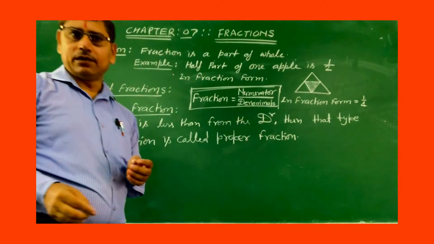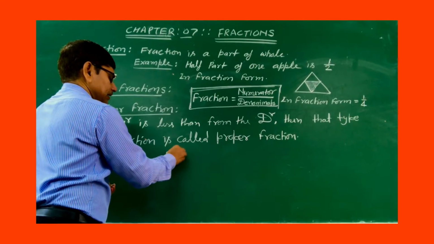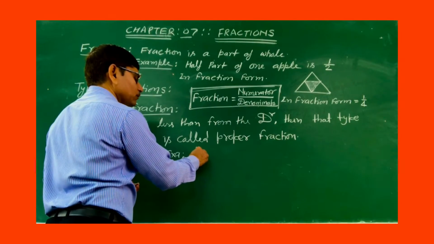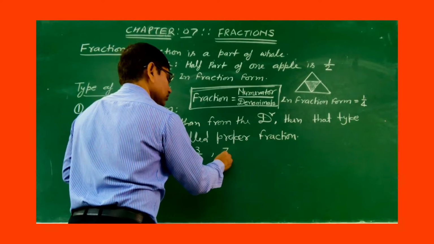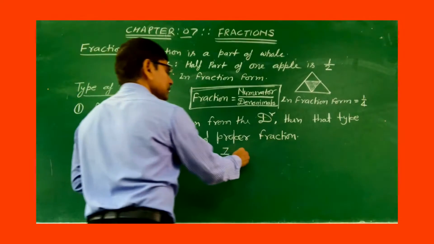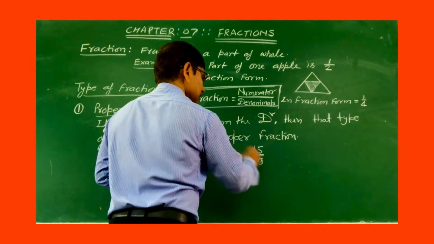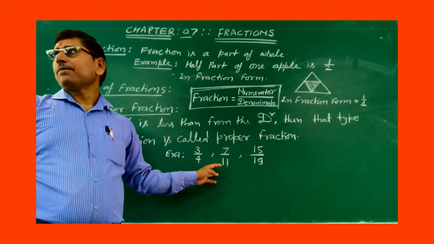For example, you can say that here the examples of proper fractions are 3 by 4, 7 by 11, 15 by 19. These all are proper fractions.